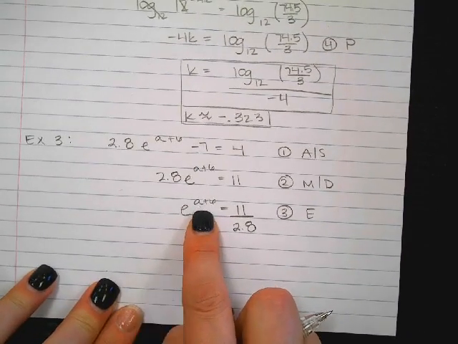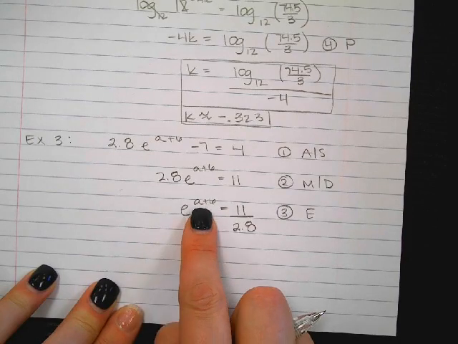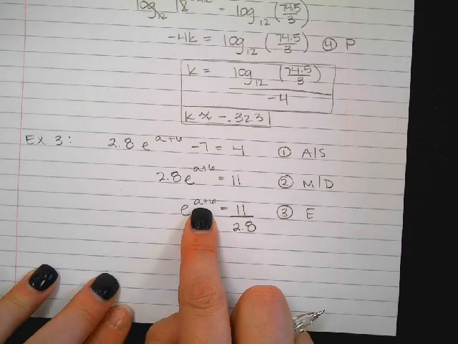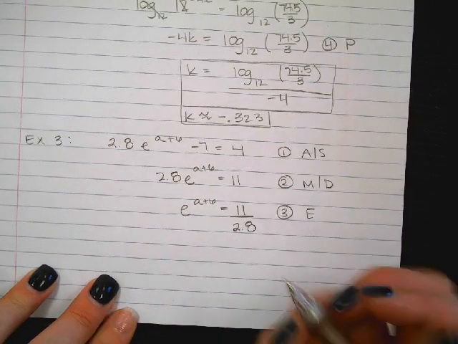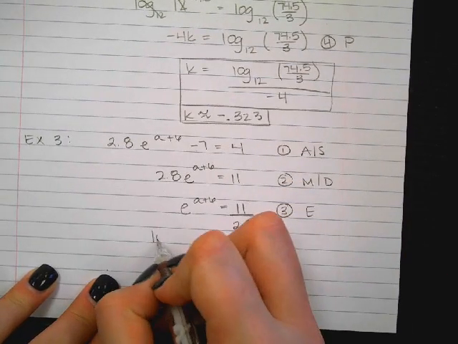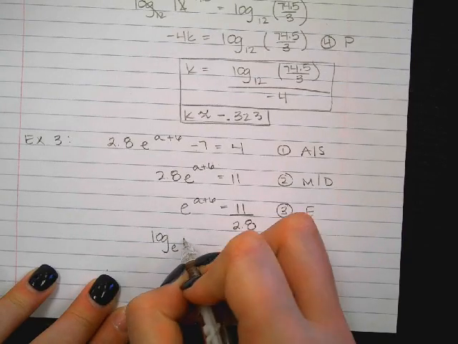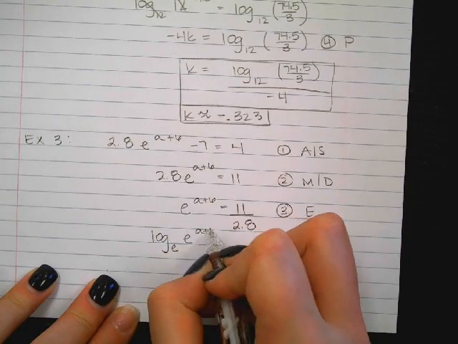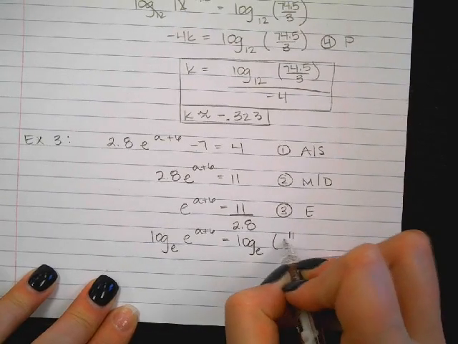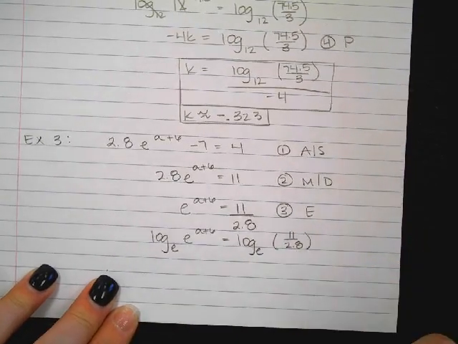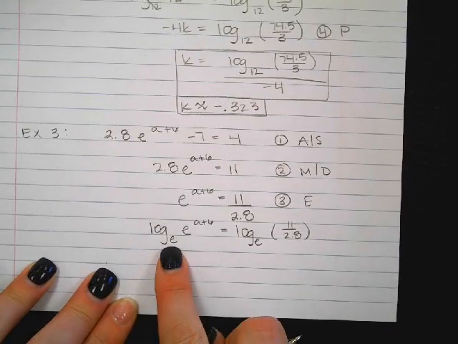And so to get rid of the base of the exponent, I need to log each side. And this is an e, so that means that I have to log base e each side. So I'm going to say log base e of e to the a plus 6 equals log base e of 11 over 2.8. And we know that log base e is another way of saying ln.